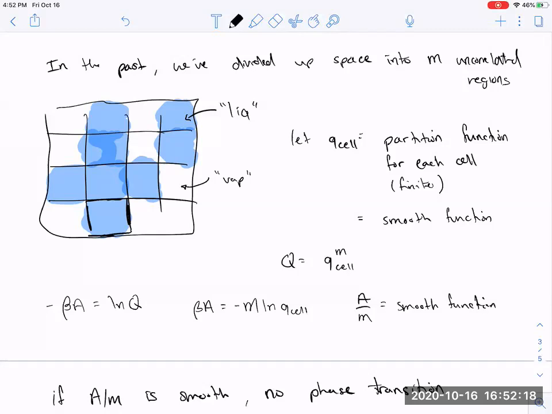So it is only then possible to get a non-smooth partition function if I cannot break up my system into these independent regions, if I can actually take the number of terms in my sum to be infinitely large.